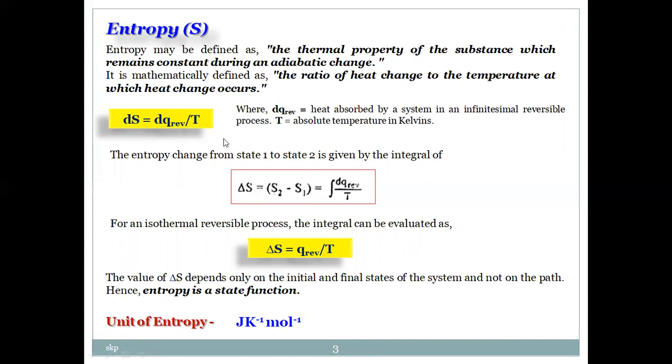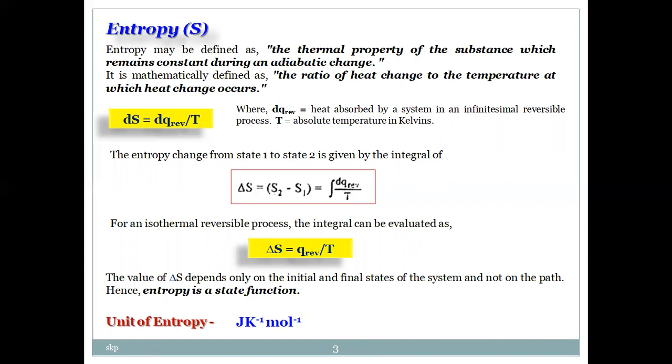Got the point? So the small change in entropy is given by the small change in heat absorbed at a particular temperature. The entropy change from state 1 to state 2 is given by the integral, that is, the sum of all such dq by T terms. Generally we cannot measure the absolute entropy at a particular temperature or state.